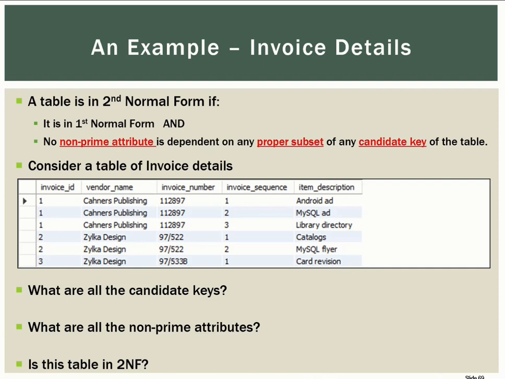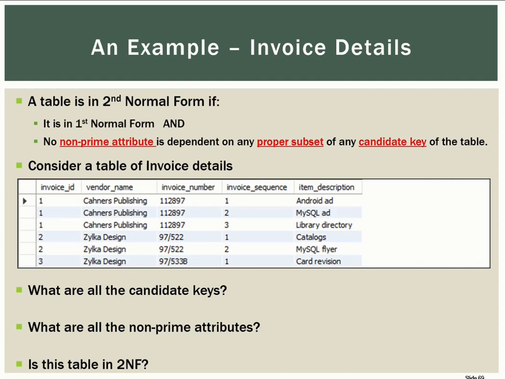We have to start off by identifying the candidate keys. Every time we look at second normal form, our first step is identifying the candidate keys. So what are they? It's obviously not the invoice ID alone, but it looks like it could be the invoice ID and the invoice sequence.